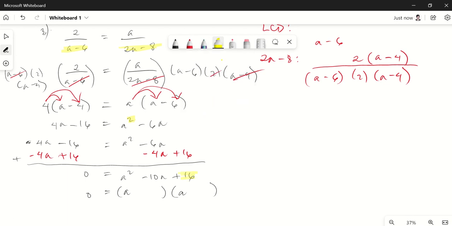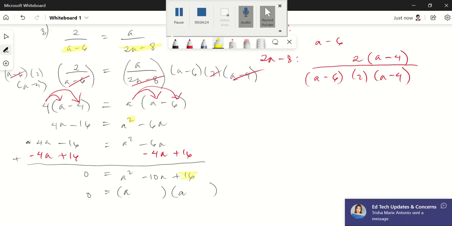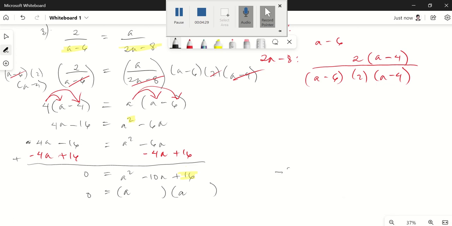And once you add them, it should result to negative 10. So the correct factors that we're looking for here are negative 8 and negative 2. Negative 8 times negative 2 is positive 16, but once you add them, it will result to negative 10. So the second terms here are negative 8 and negative 2.